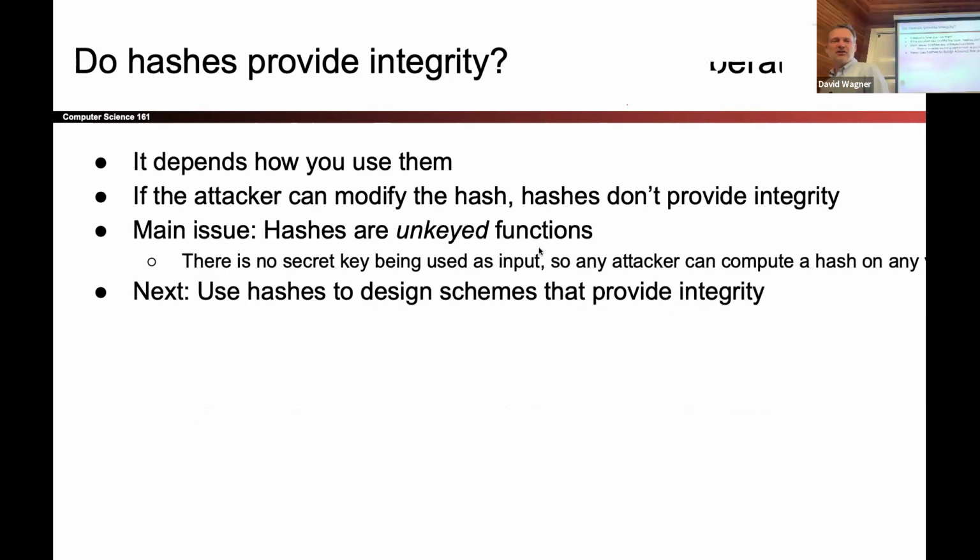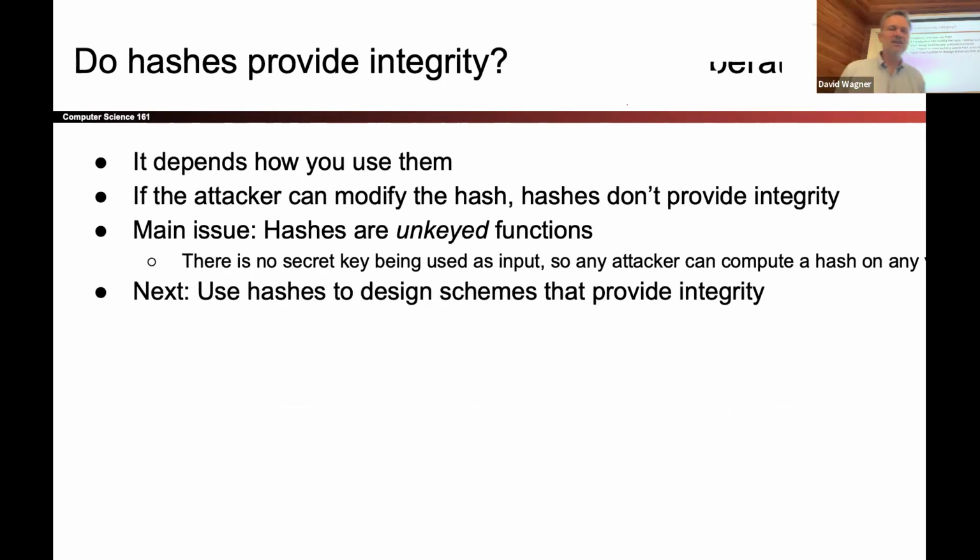And the core issue here is that hash functions are a public function that has no key. There's no secret anywhere. So anyone, including the attacker, can compute the hash code for a file, including for the modified file. So that's the problem. Because there's no secret key, Bob has no way to know whether this stuff is coming from Alice or coming from Mallory.